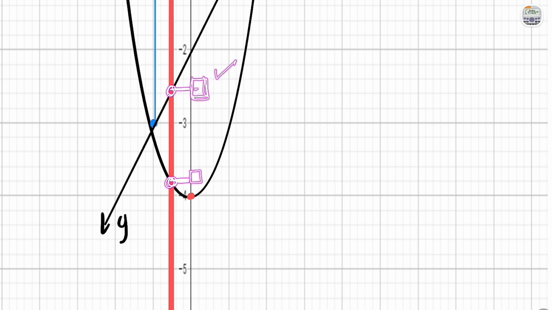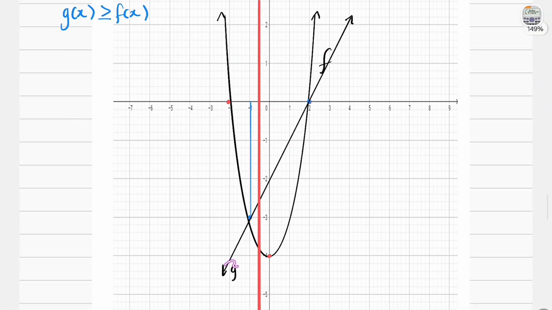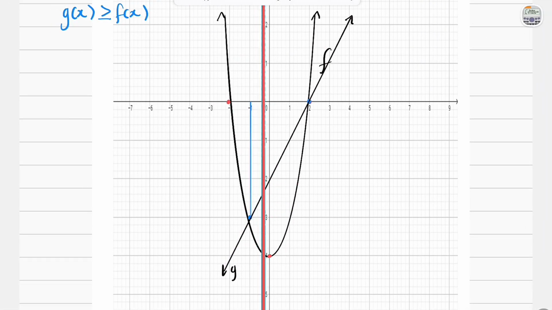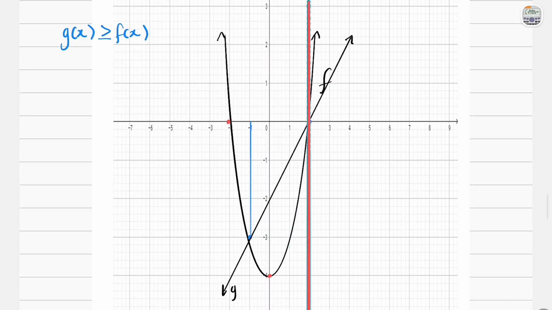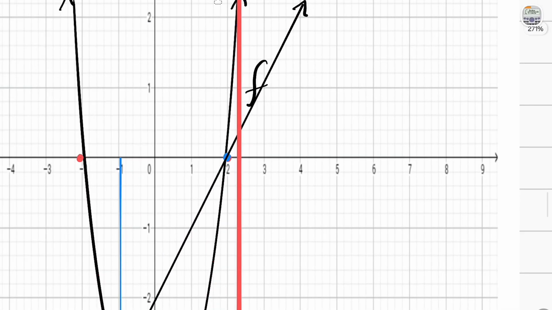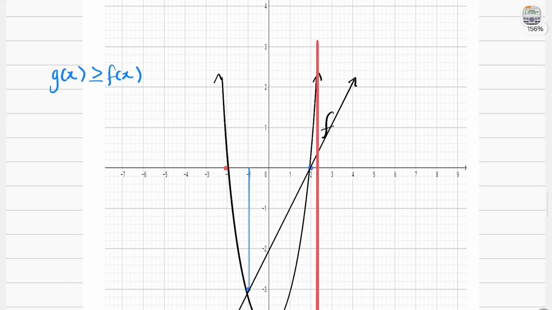This is greater than that. So this is where the graph of g has higher y values than the graph of f. It's all through here. And then once they intersect again, we have the same problem. After that, the graph of f now has a higher y value than the graph of g for that particular x value. So we can see that it's all through in the middle there.